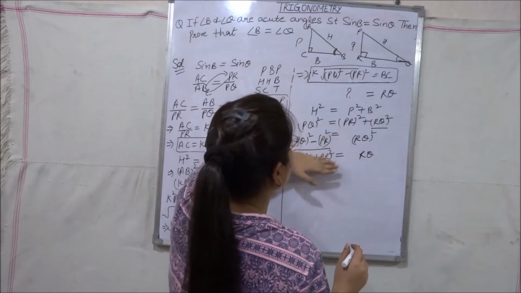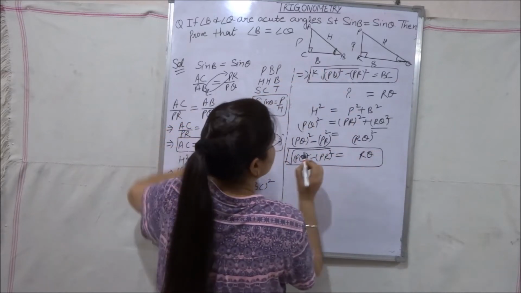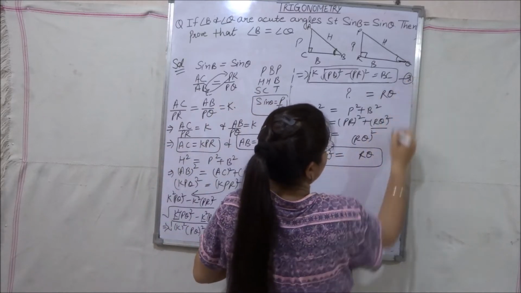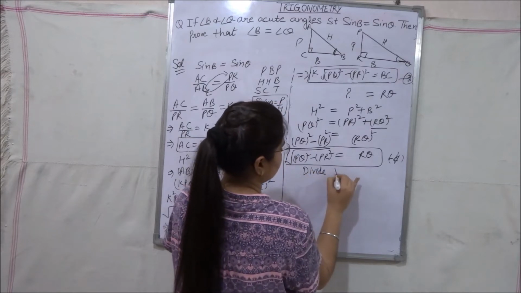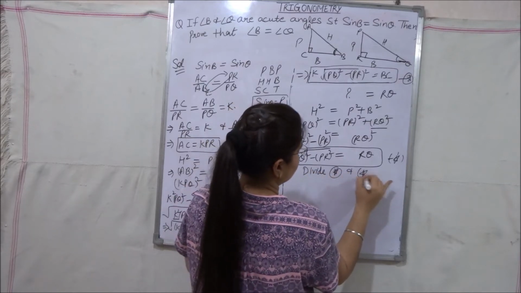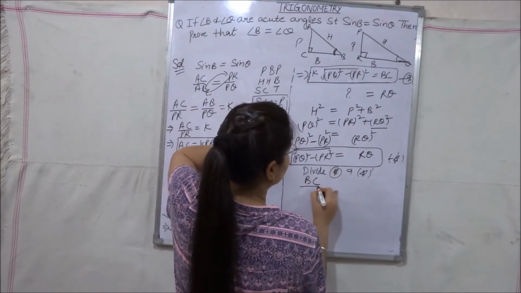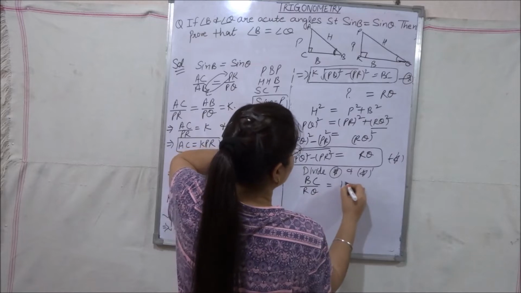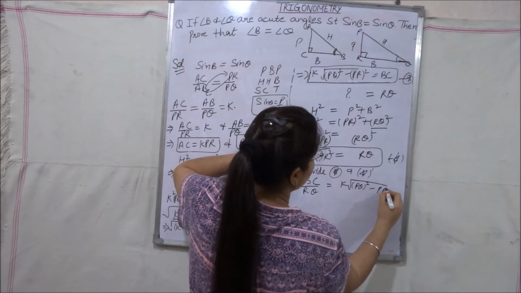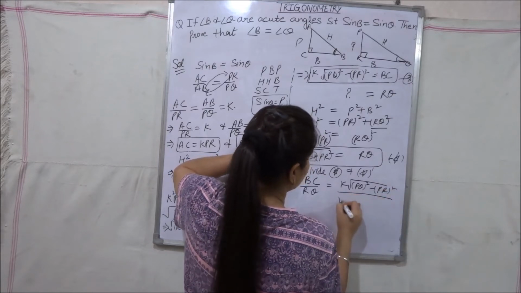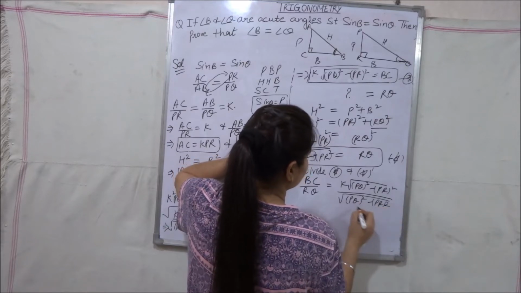Now dividing the two values, star and star dash, BC upon RQ is K times under root of PQ square minus PR square upon under root of PQ square minus PR square.